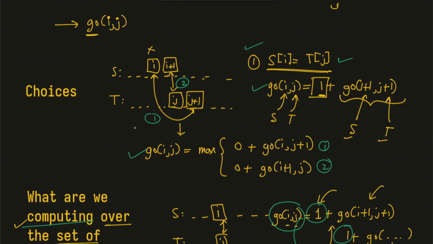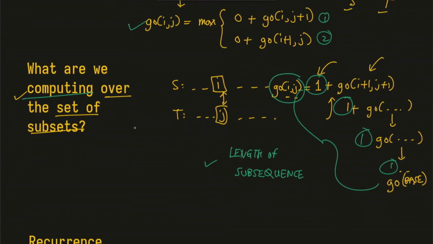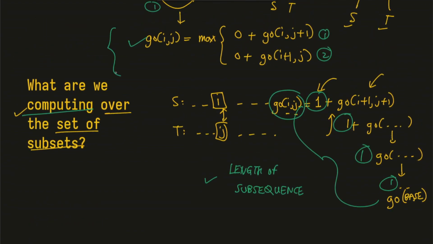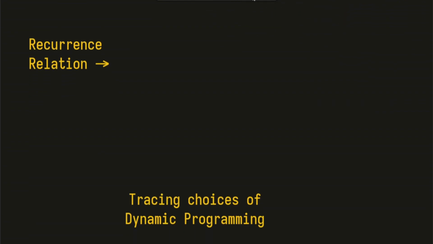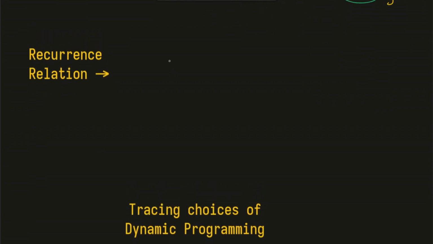And since we are using a top-down approach, we don't need to worry about the order of evaluation of states. We can simply call the functions as they are defined in this recurrence. Let's try to formulate the recurrence in a more formal manner.